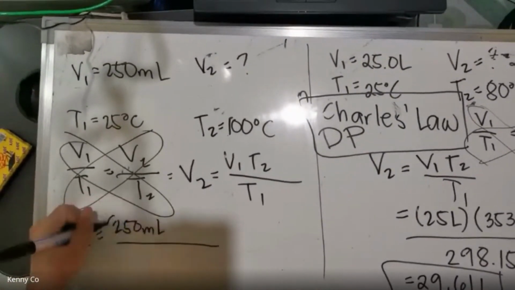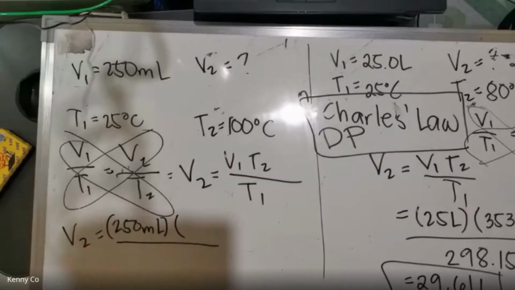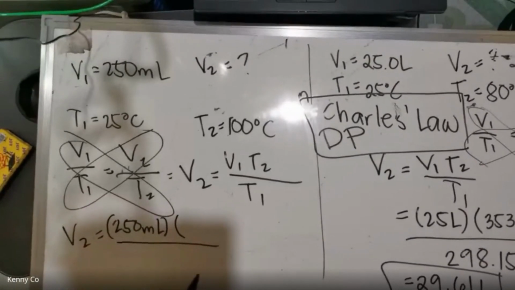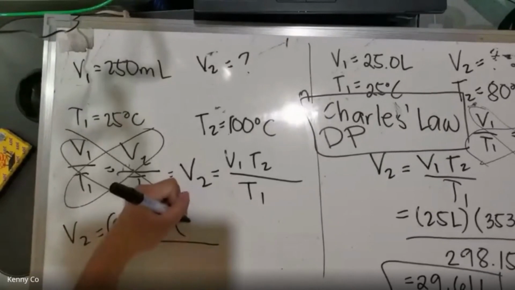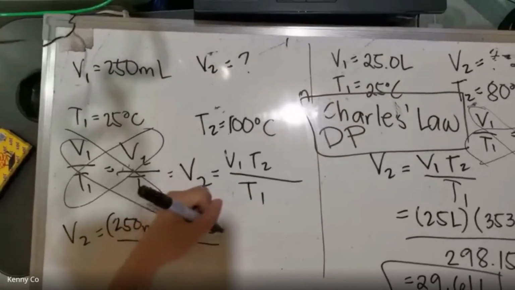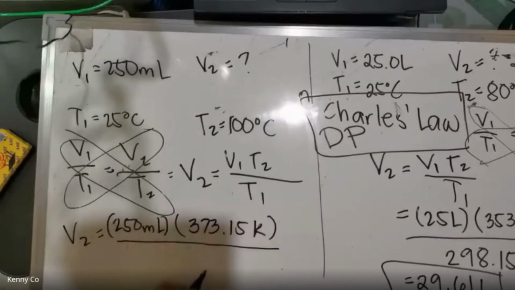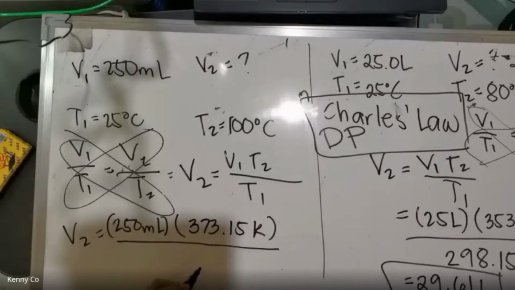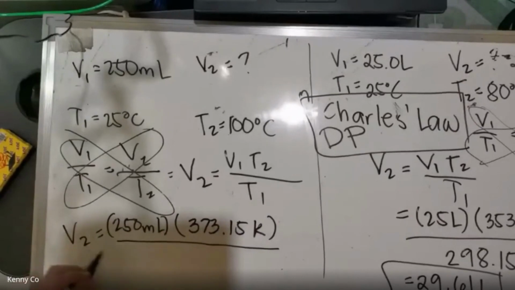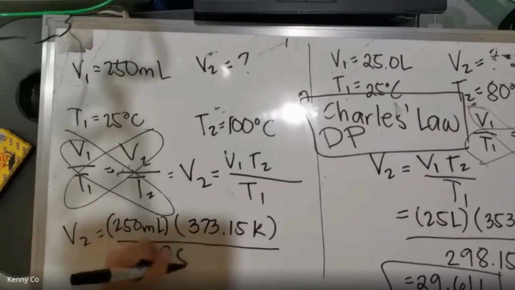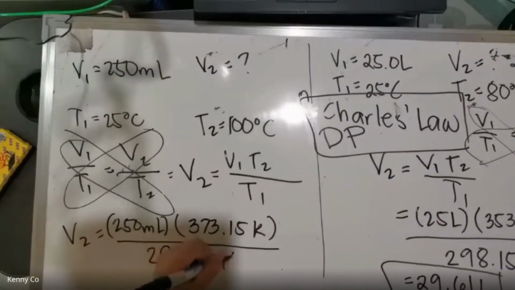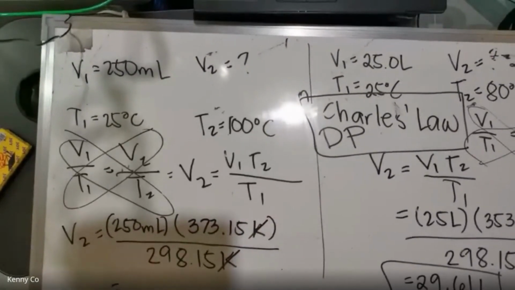Next, final temperature is 100 degrees Celsius. Convert to Kelvin. This is 373.15 Kelvin. T1 is 25 degrees Celsius plus 273.15 magiging 298.15 Kelvin. Cancel Kelvin. So 250 times 373.15 divided by 298.15.